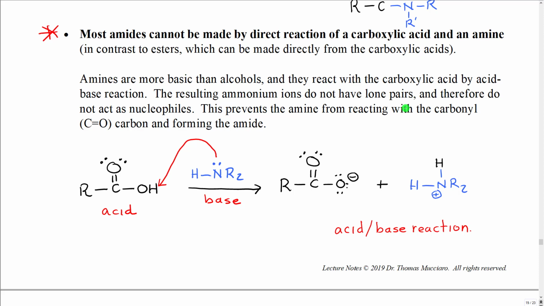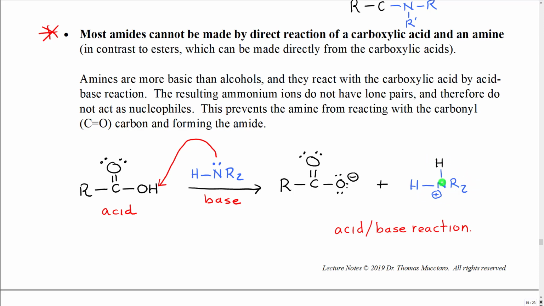Amides generally cannot be made by direct reaction of a carboxylic acid and an amine. The reason for this is that amines are themselves very strong bases. So when we mix the amine with the carboxylic acid, we get a very rapid acid-base reaction. This forms a carboxylate anion, and it forms an ammonium positive ion.